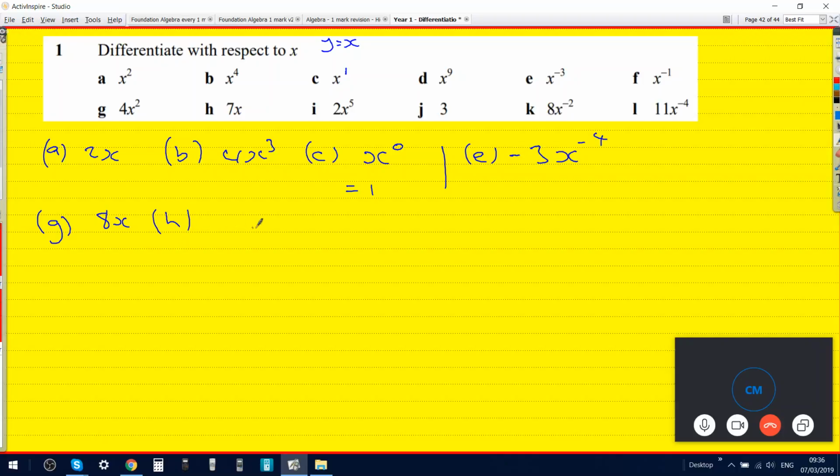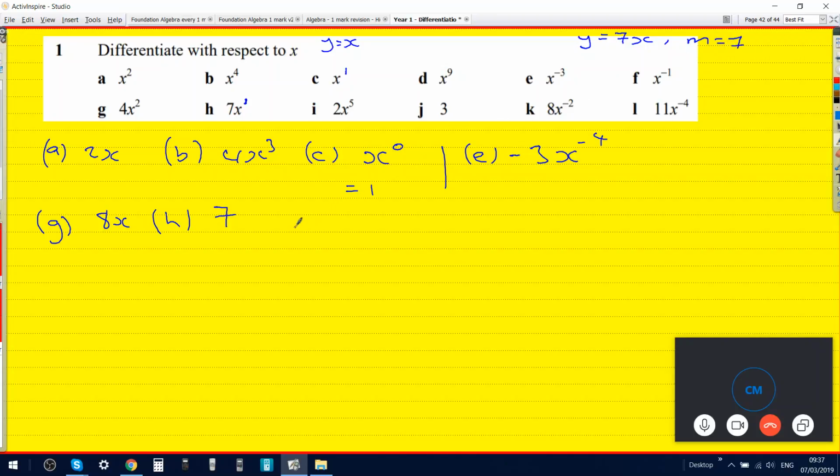H. There's 7x to the 1, so from 7x to the 0. Is it just 7? Yeah. And that's because the gradient of the line y equals 7x is always 7.